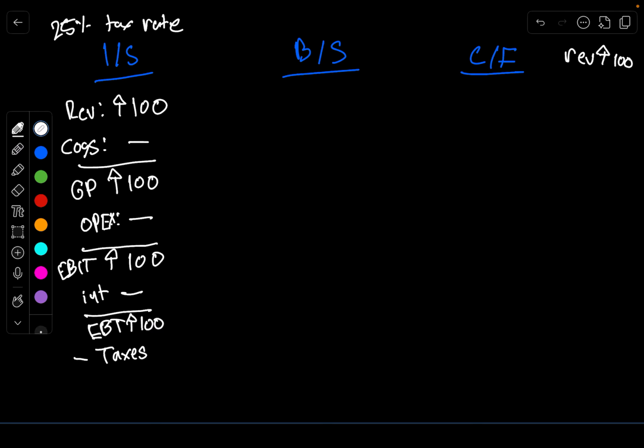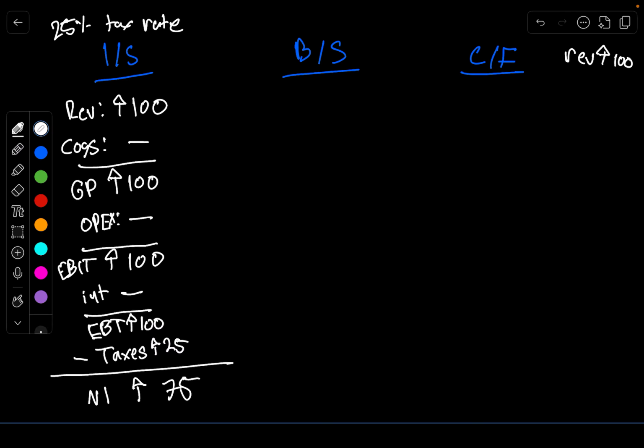Well, if we have $100 more, that $100 is going to be taxed at 25%, meaning that our taxes are actually going to go up by 25, right? So that means that our net income overall goes up by 100 minus 25, so it's up by 75, right?